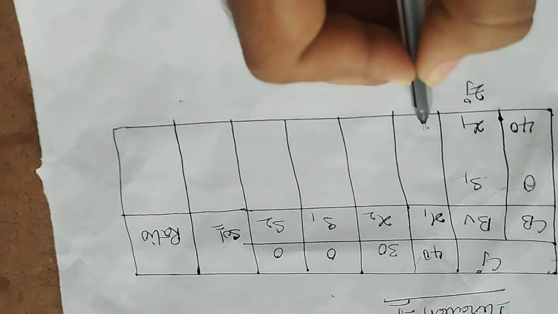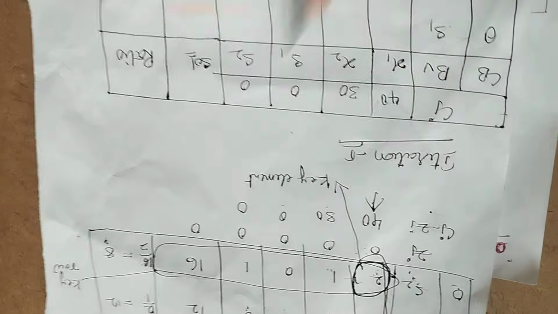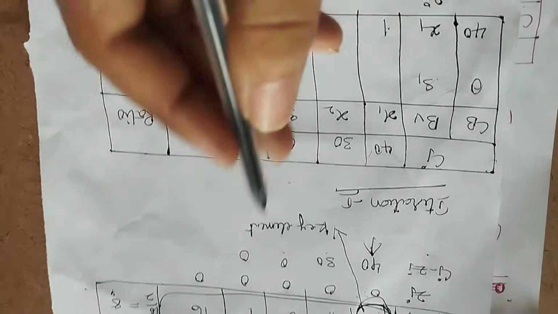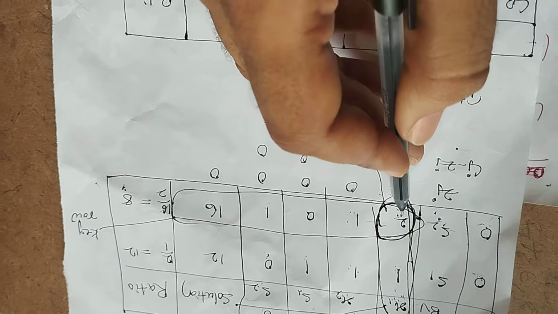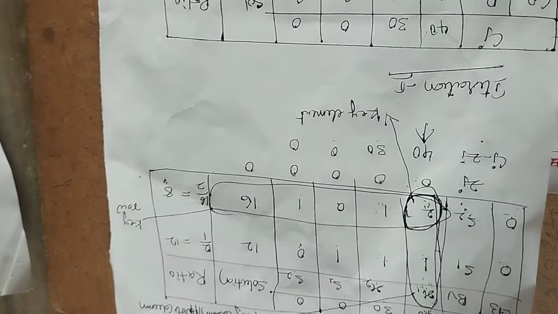Then we can write the new row: 2 divided by 2 is 1, 1 divided by 2, 0 divided by 2 means 0, 1 divided by 2, and 16 divided by 2 means 8.